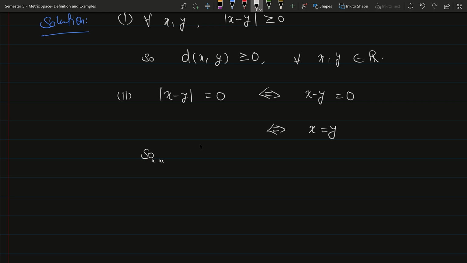So we have that d of x comma y is equal to 0 if and only if x is equal to y, and that is true for all x and y in R. Whenever any two numbers are equal, only in that case their d x comma y will be 0, and here d x comma y directly defines the distance.